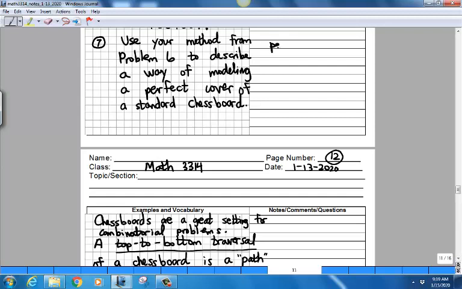Okay, think about that for just a second and then describe that to me. So if you had a perfect cover, what would that look like?